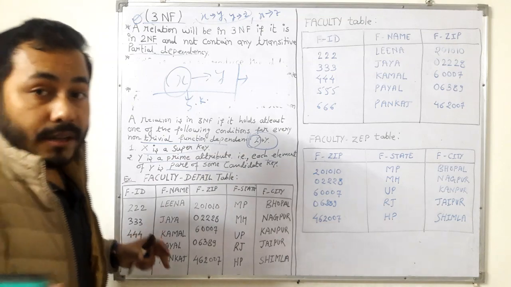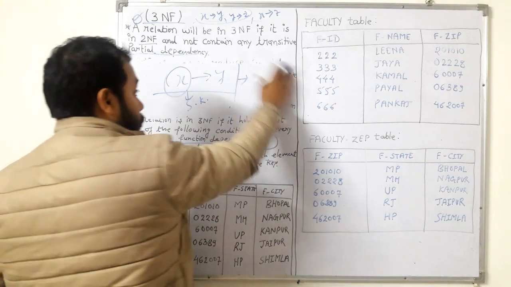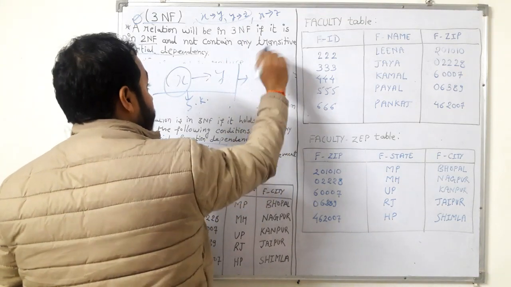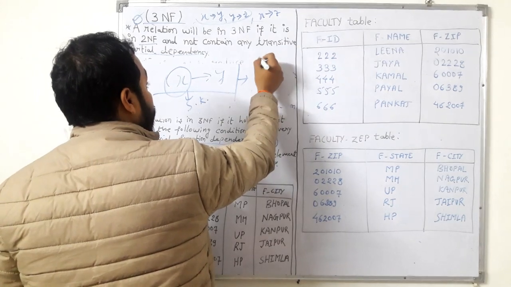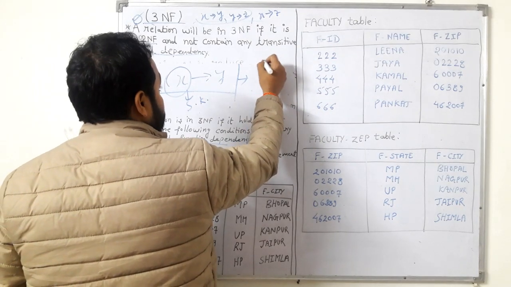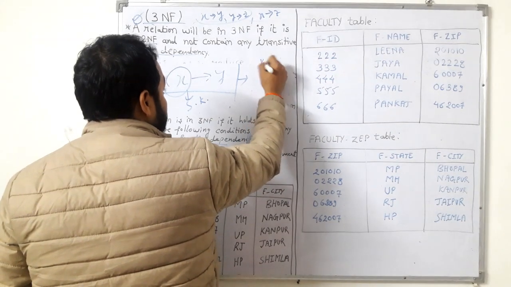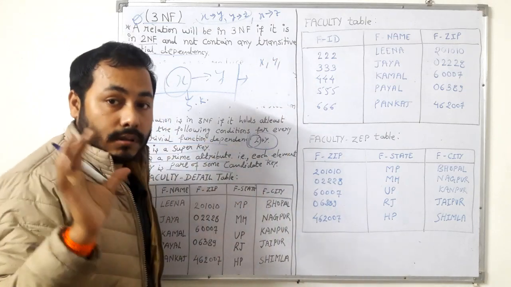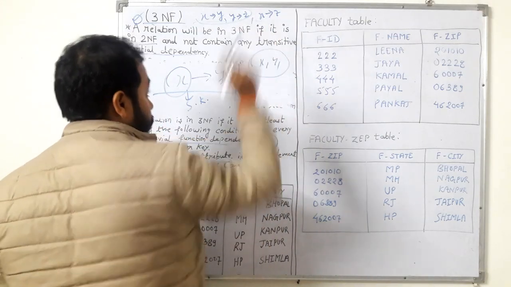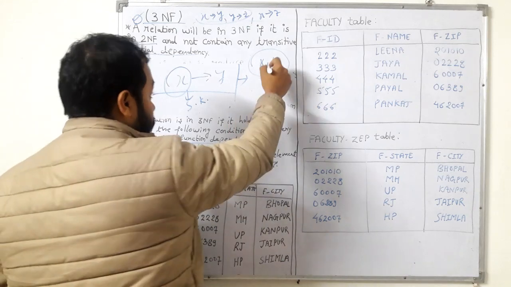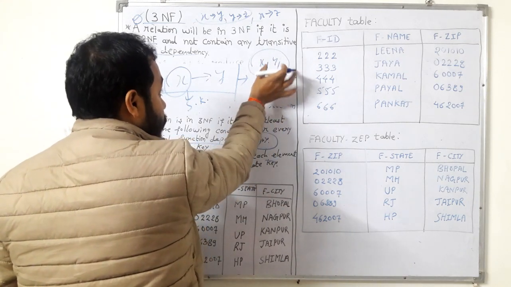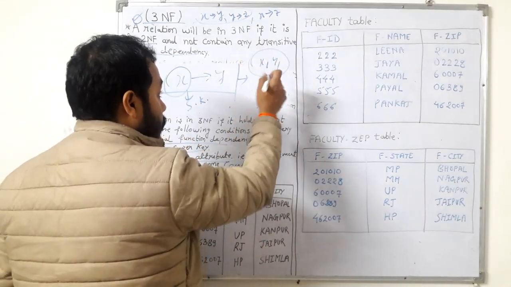And you know what a prime attribute is? As we have discussed before, suppose we have a candidate key formed with X1, Y1, just for an example. Then you know that this candidate key is formed with the X1 attribute and the Y1 attribute.